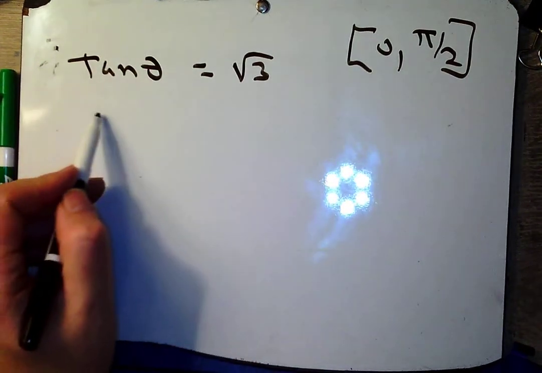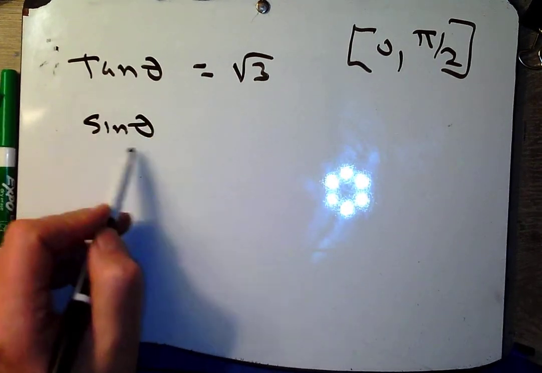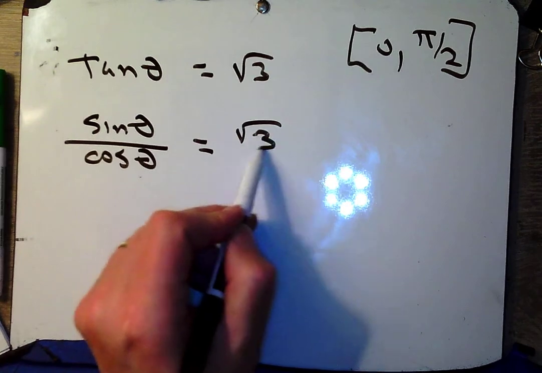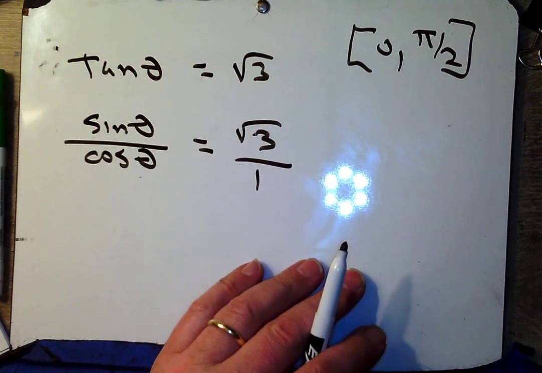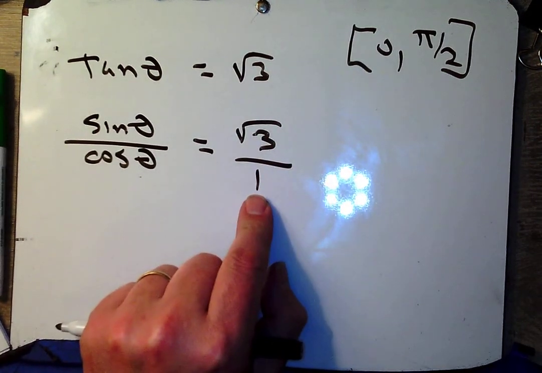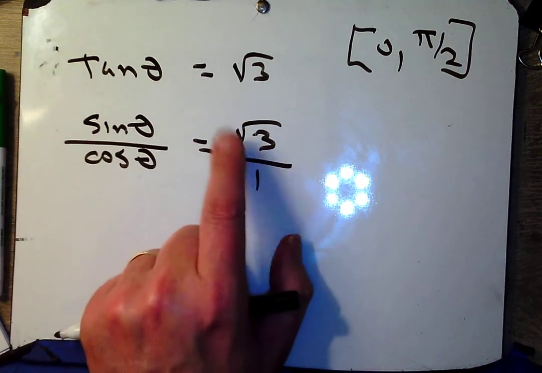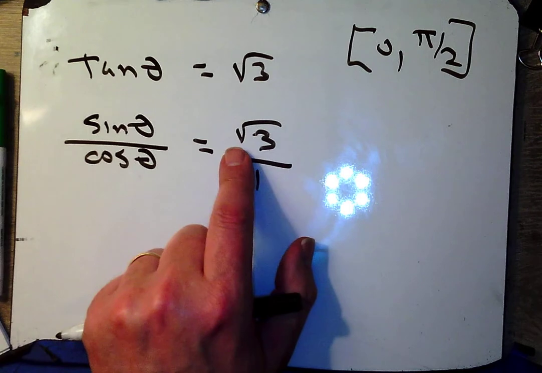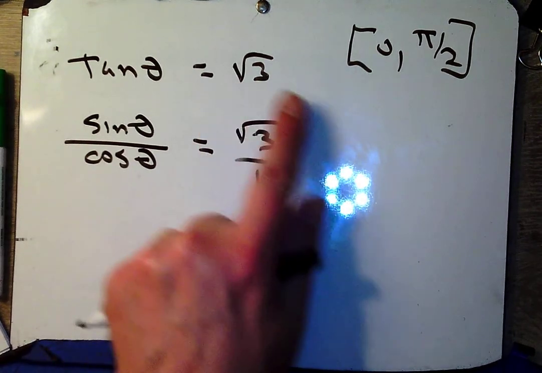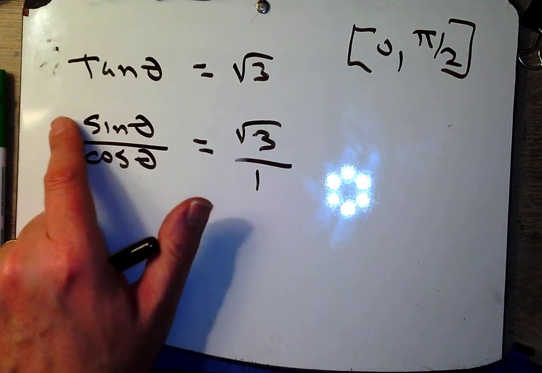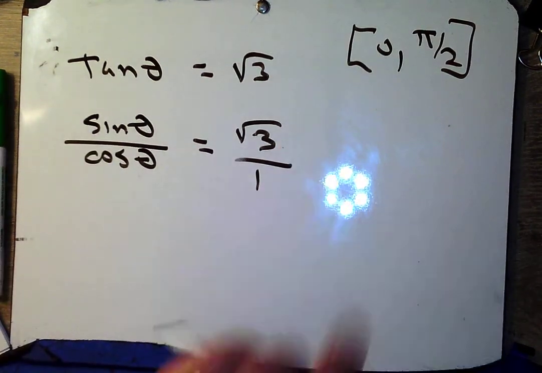Well, but I remember that tangent is sine theta over cosine theta. And so I guess I could write that like that. And while it's true cosine is equal to 1 when the angle is 0, I'm not recognizing this. And in fact, square root of 3 is bigger than 1, and sine values are between -1 and 1. So there's no way that could be.